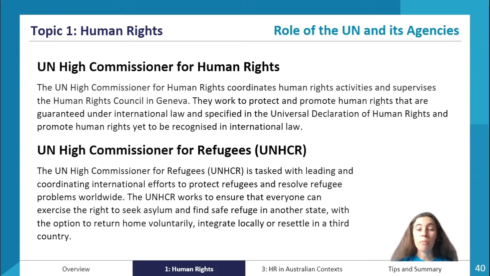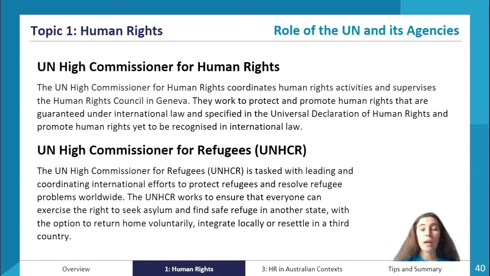They also promote human rights that are yet to be recognized in international law. So they're looking at what is needed in society, what human rights are yet to be recognized, and what it can do to help promote those, to bring about better outcomes for everyone, pretty much.